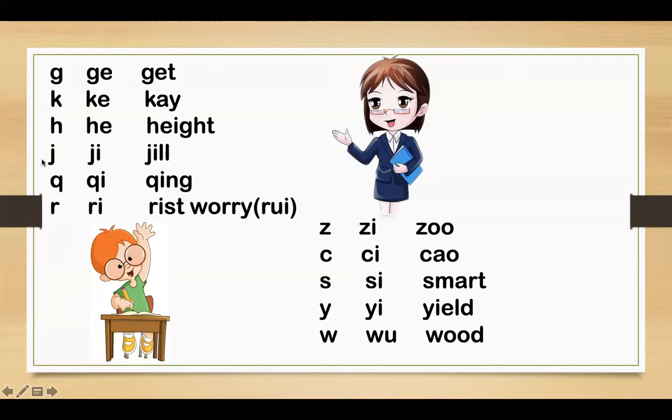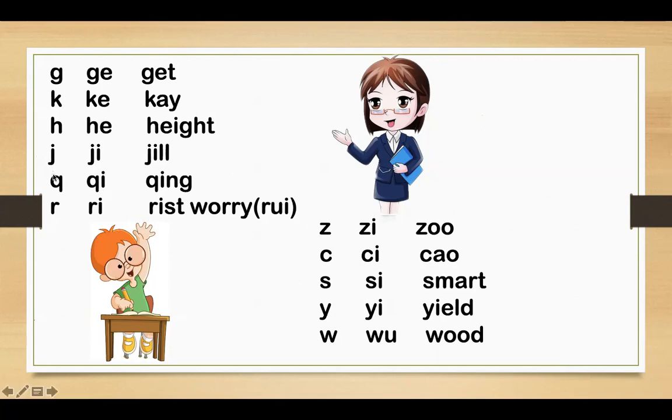Ji, jill. Well, I don't know if that's a word. Is this an English word? But this one is pronounced as ji, and this one is really different. You only need to remember these two. They are really different in Chinese pronunciation.